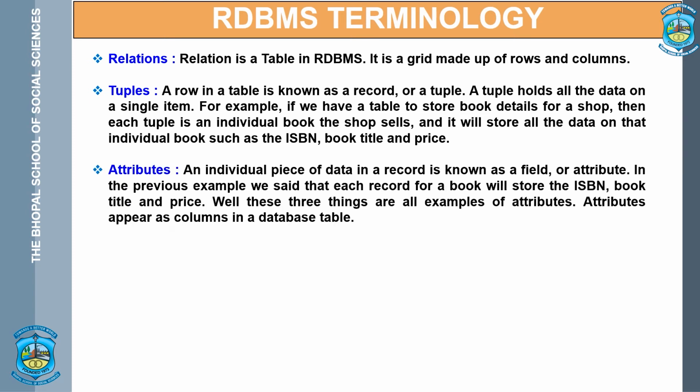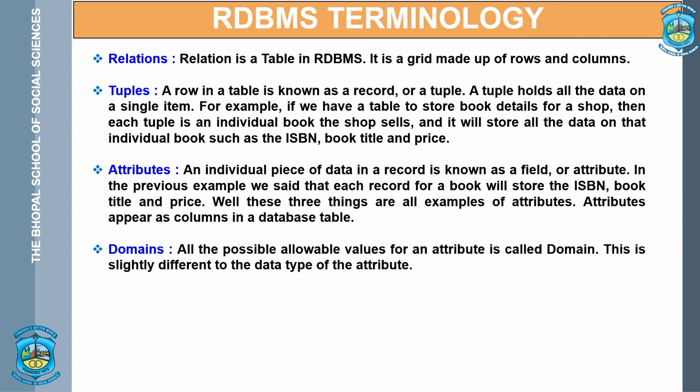Then we have attributes. Individual pieces of data which we record to store information about a particular entity are called attributes. A table can have different attributes. Then we have domains. What are domains? Domains are all possible allowed values.